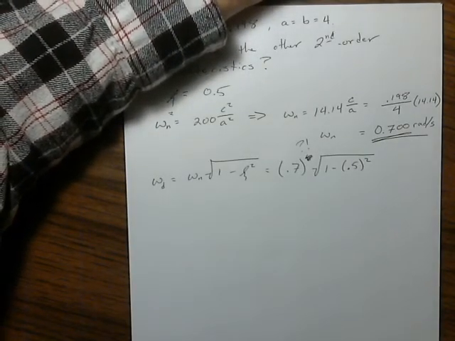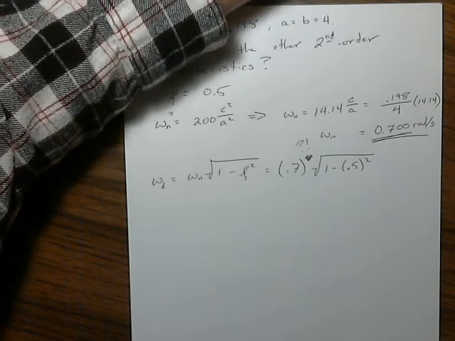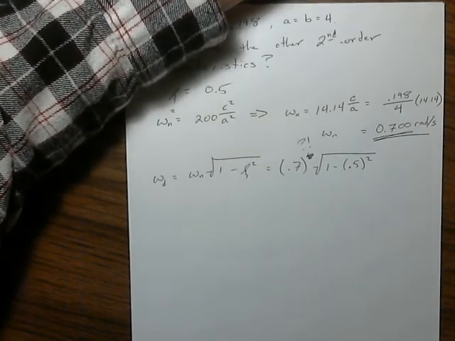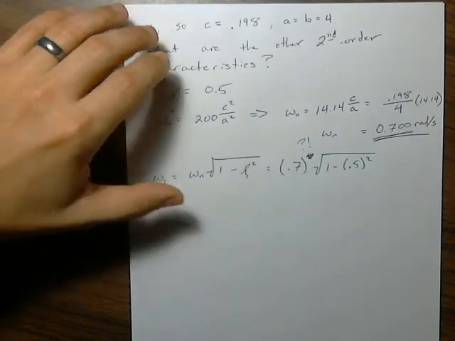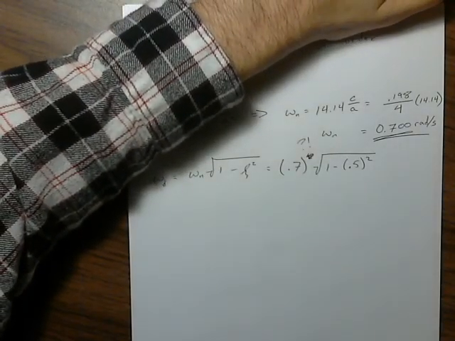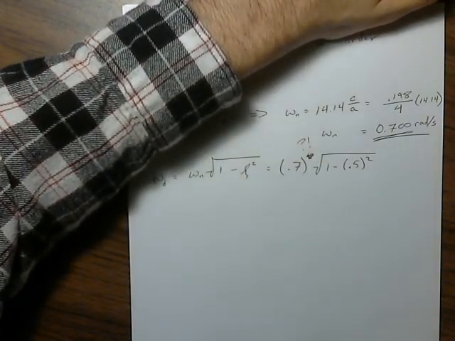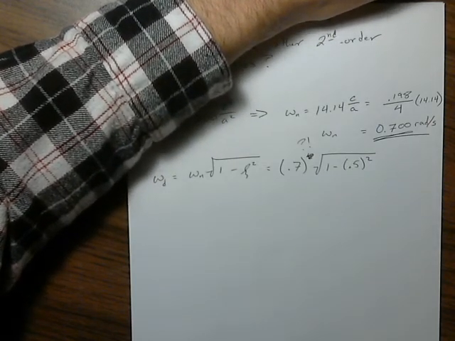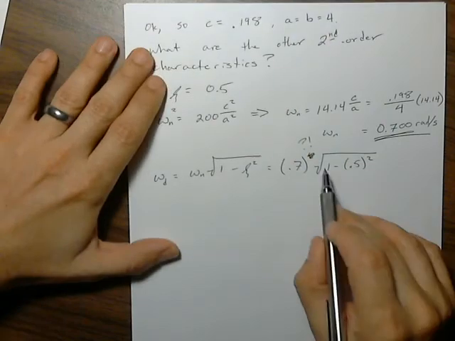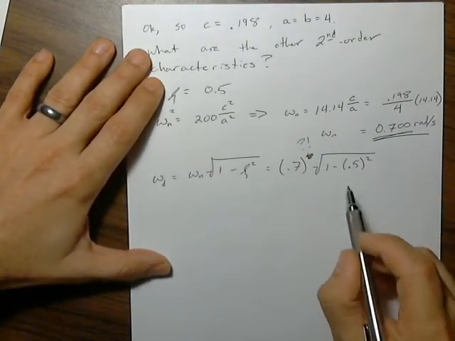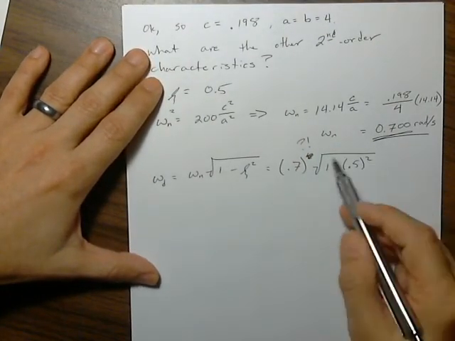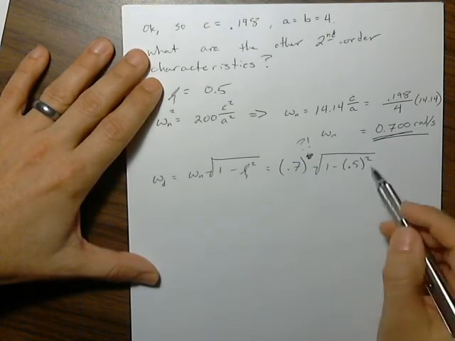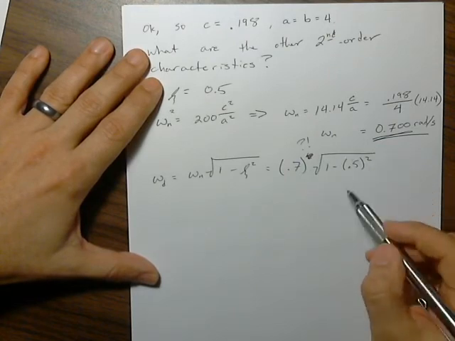Square root of 0.75. All right, when I multiply all that out, from the radical here I get 0.866, or the square root of 3 over 2.